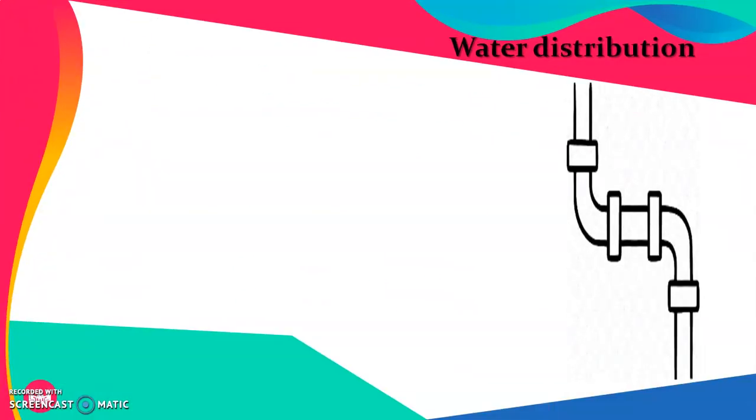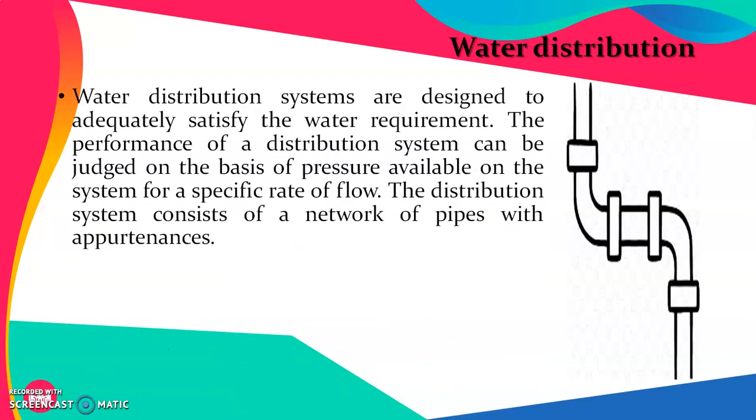So let's start learning. Water distribution. Water distribution systems are designed to adequately satisfy the water requirement. This water requirement can be in terms of the combination of domestic, commercial and industrial requirement of a certain town along with the fire demand.